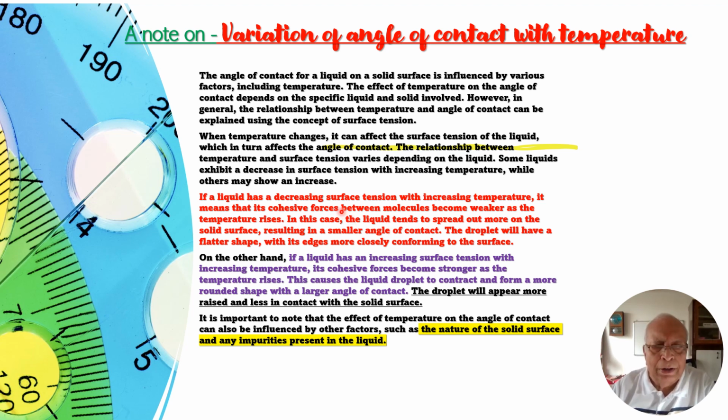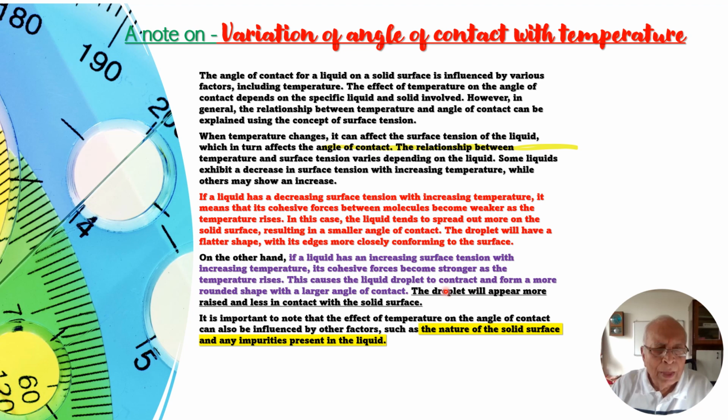When the temperature is increased, the surface tension becomes lesser. Then it means that the cohesive forces become weaker, and as a result of this, the liquid tends to spread out at the surface, and the droplet will have a flatter shape with its edges more closely conforming to the surface.